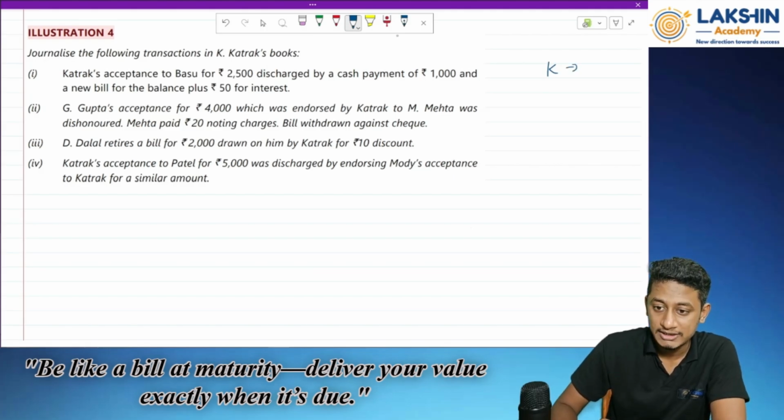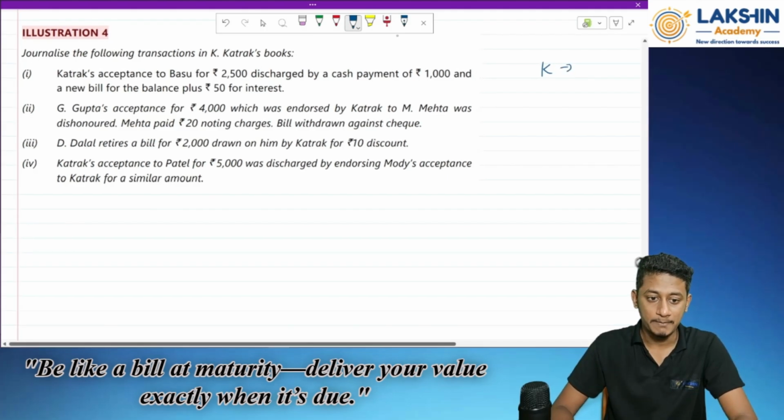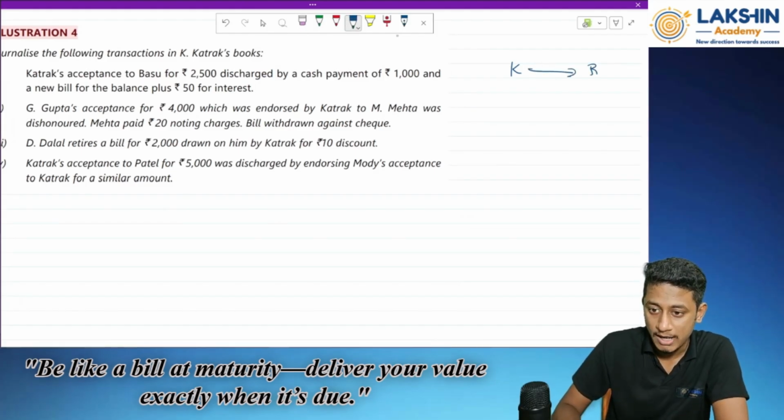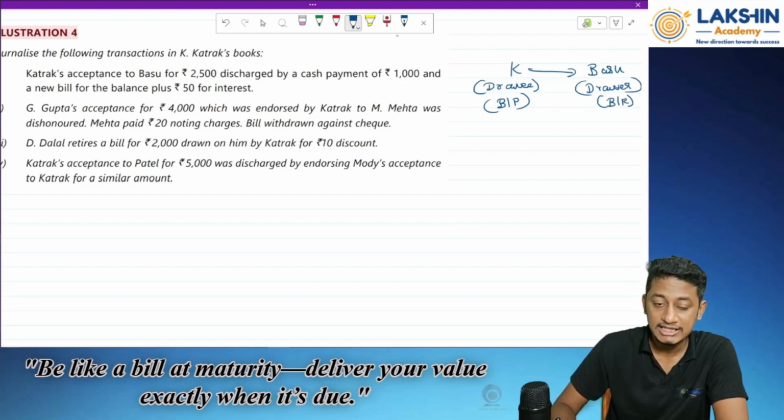So that means Mr. K has accepted somebody's bill, to Basu. Tell me who is a drawer, who is a drawee. Since K has accepted it, he is a drawee. He will have bills payable in his books of accounts. And Basu is the drawer, so he will have the bills receivable in his books.